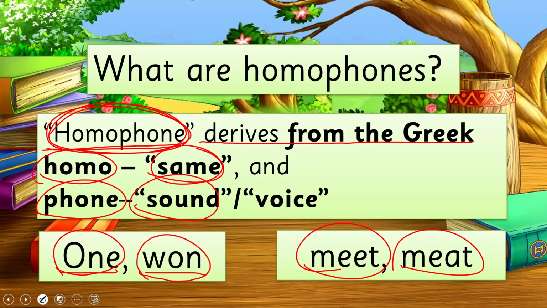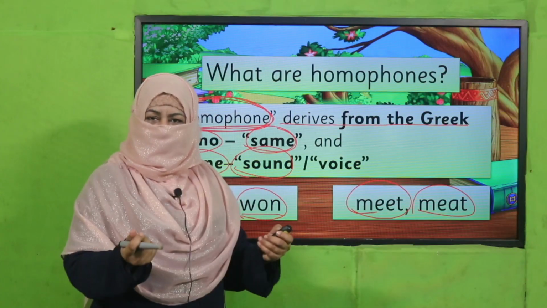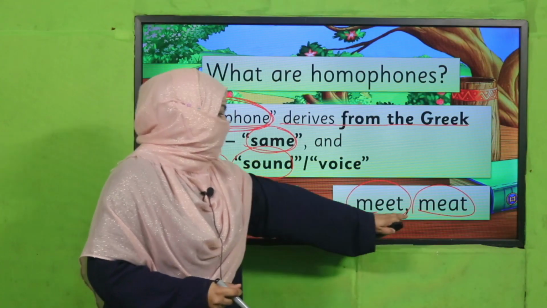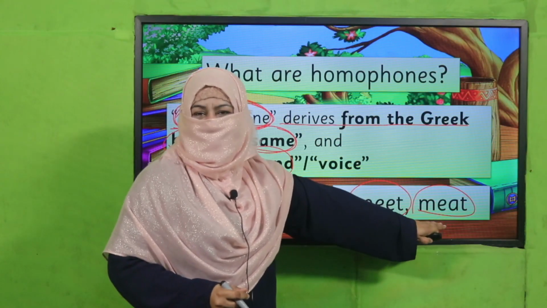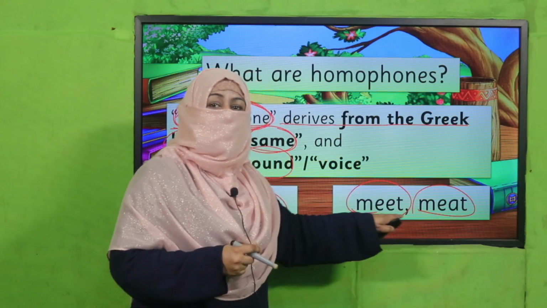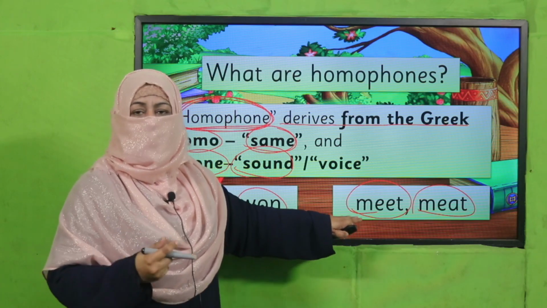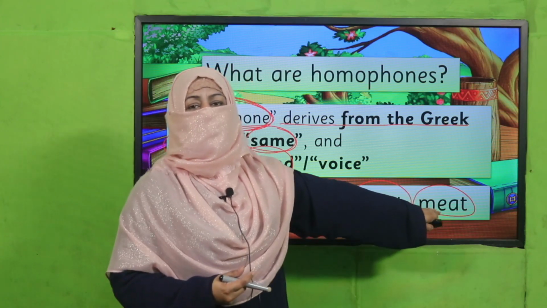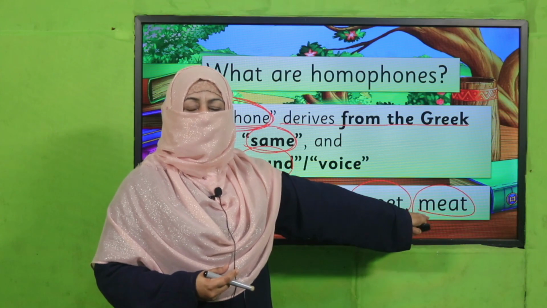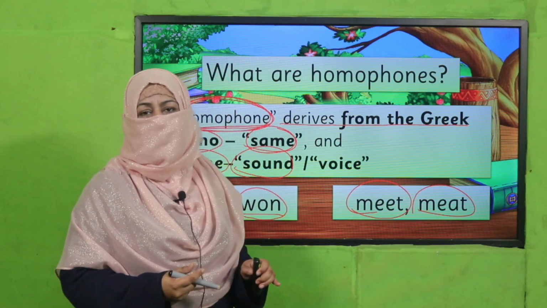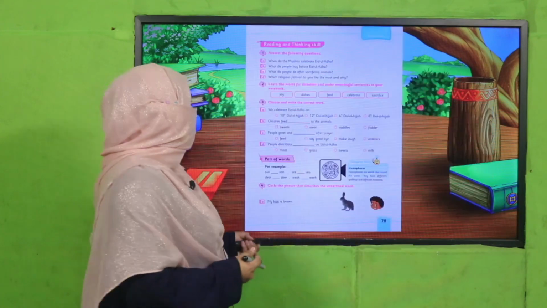This meet means like we meet each other every day, right? And this meat, we like to eat meat, right? So these two are two different words, but we pronounce it in the same way. Meet and meat, their meanings are different, right? So such type of words are known as homophones.